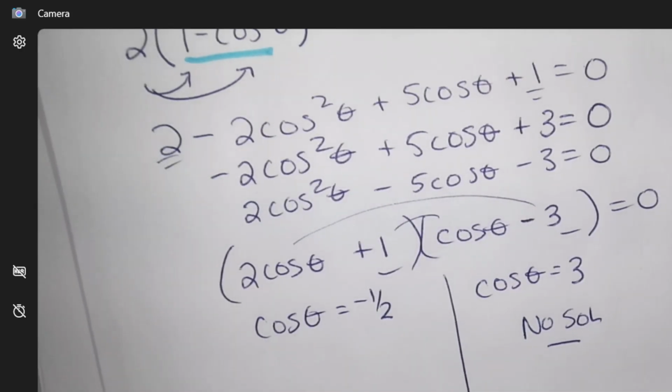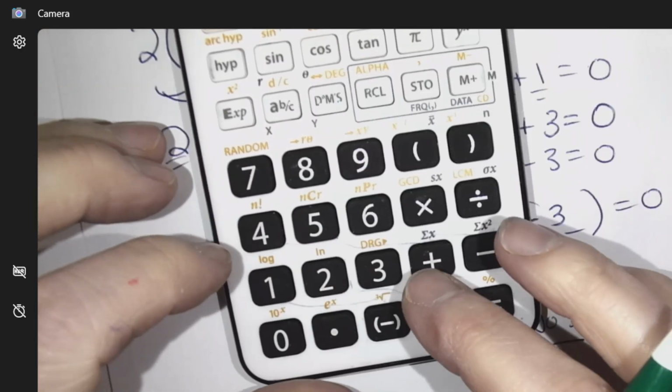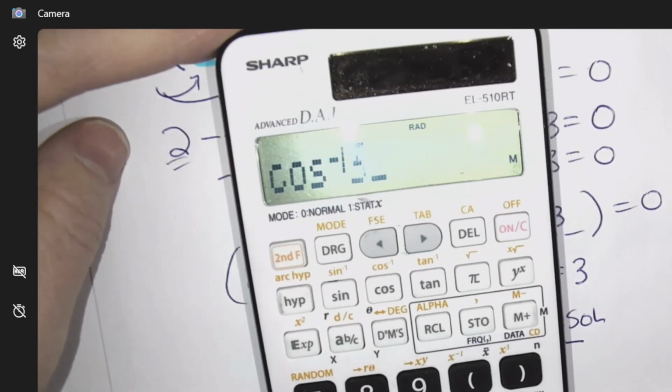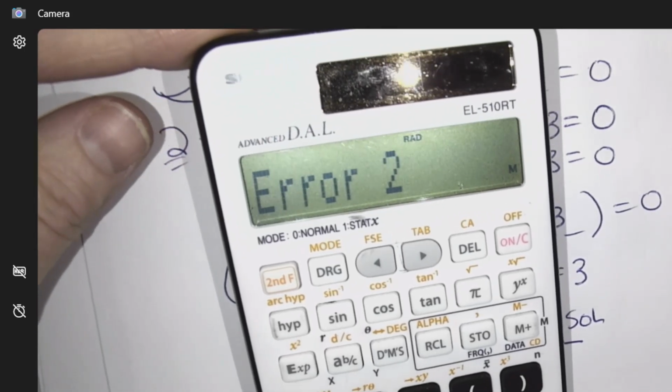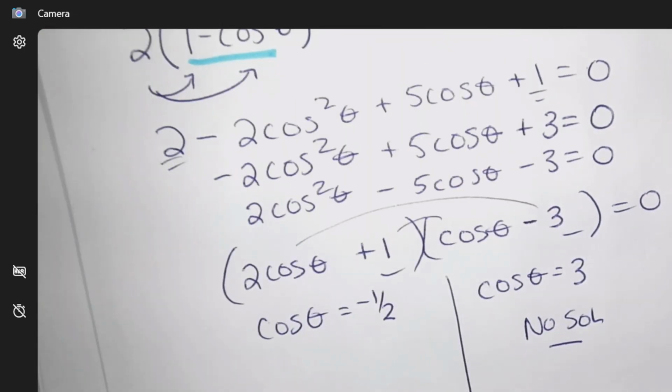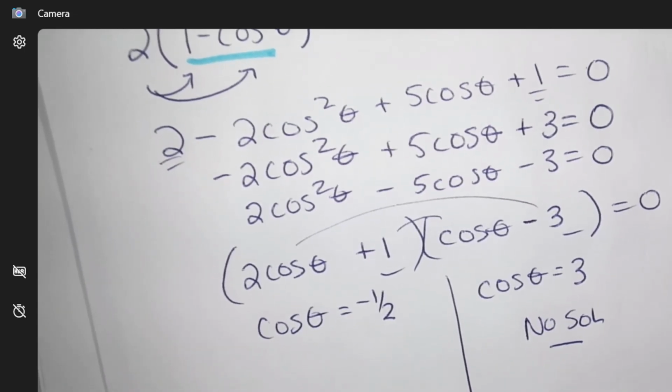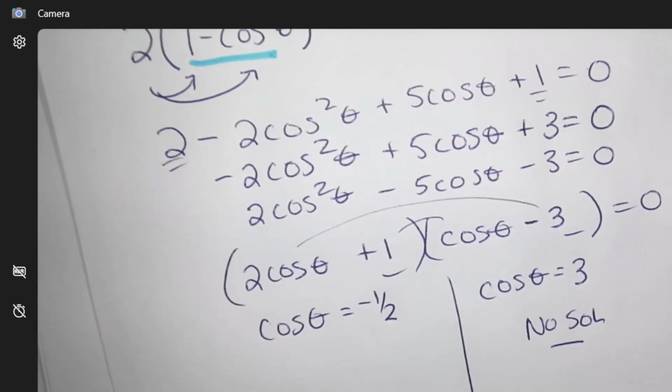That's the largest x value, right? So cos inverse of 3 is going to give me an error, right? Same with sine, right? 1 or -1 is the biggest. And tan is more, right? Also, what does a sine or cos curve look like? What's the highest height a cos curve goes? 1. Right? Okay.